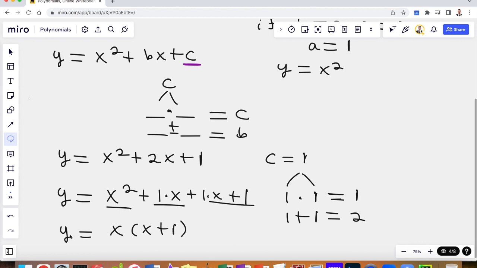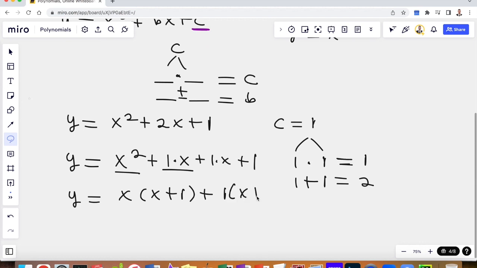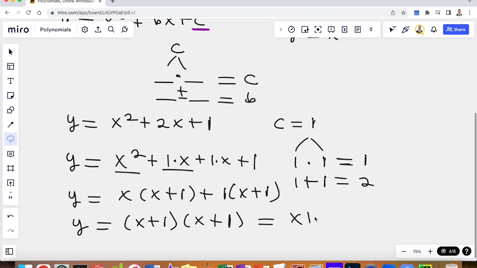And the greatest common factor of the second two terms, x and 1, is 1. And what do you know? I have y equals x plus 1 times x plus 1, which is x plus 1 squared.